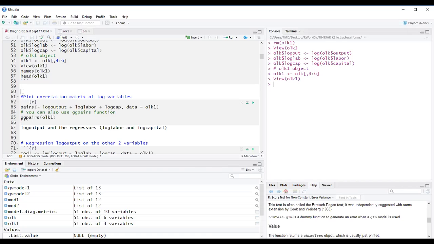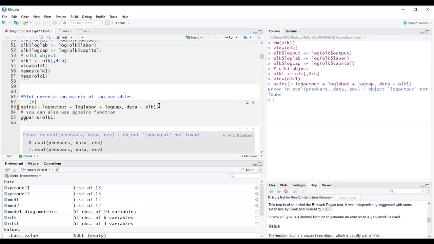Dapat GLM tayo, generalized linear models, where higher orders na yung regression, no? So this is a good code, pairs, tapos tilde. So tinitingnan natin yung correlation matrix ni log output, log labor, log capital from the data OLK1. So dito, guys, OLK1 na yung ginagamit natin.